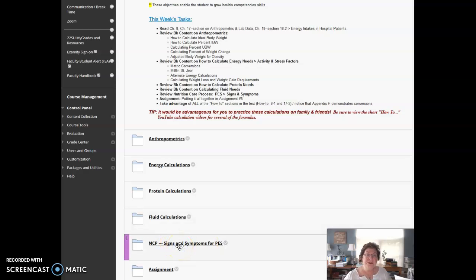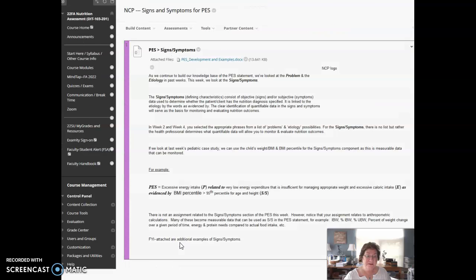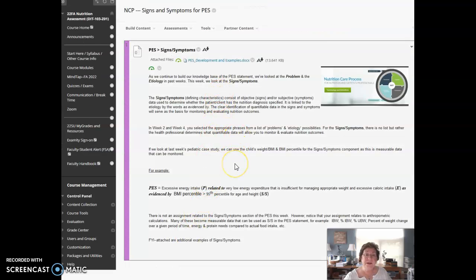In the nutrition care process, which we revisit this week as well, we come to the signs and symptoms of that PES statement. And so I'm going to just read this example so you understand what I'm talking about. So this PES statement right here, excessive energy intake, meaning they're consuming excessive calories.